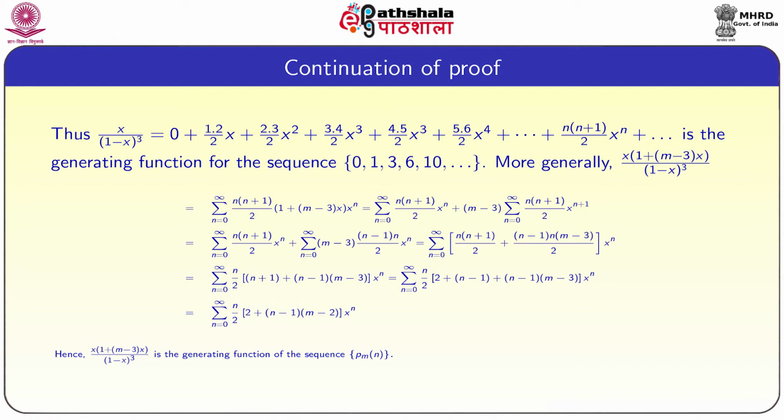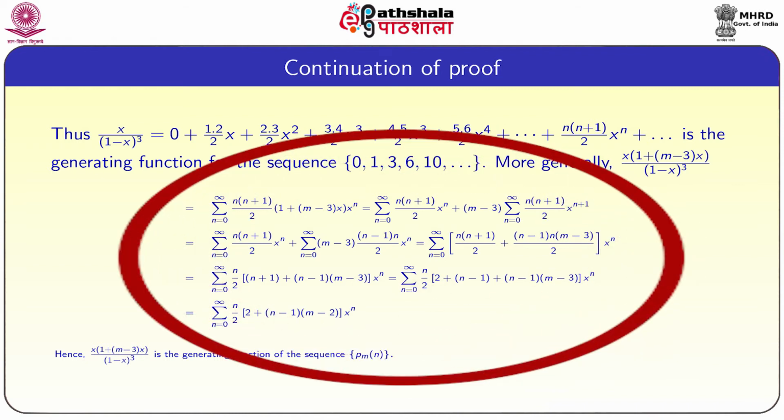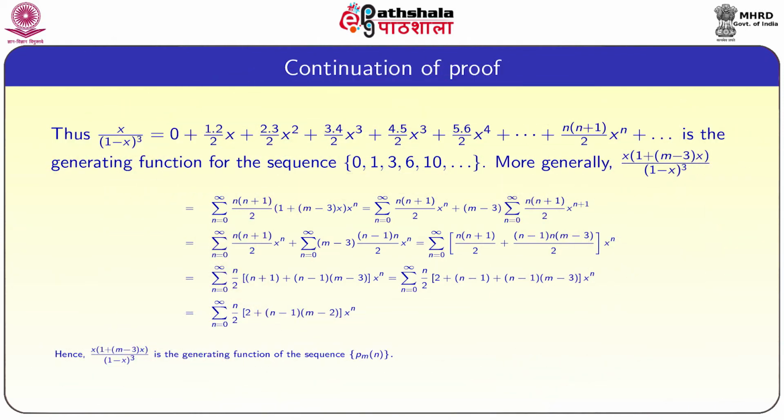If you calculate that one, it is going to be summation n equal to 0 to infinity, n into n plus 1 by 2 into 1 plus m minus 3 into x, times x power n. If you separate the terms, there is n into n plus 1 by 2 into 1 into x power n, that quantity, and n into n plus 1 by 2 into m minus 3 into x into x power n, that is x power n plus 1. Since m minus 3 is independent of n, I can bring m minus 3 outside.